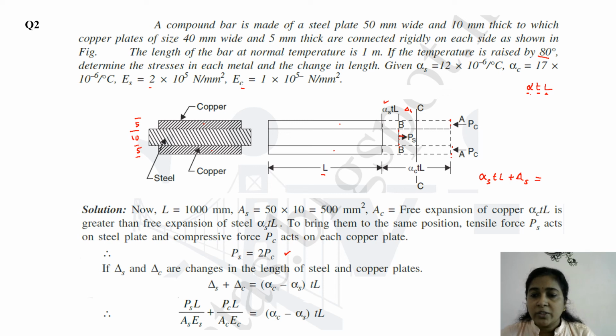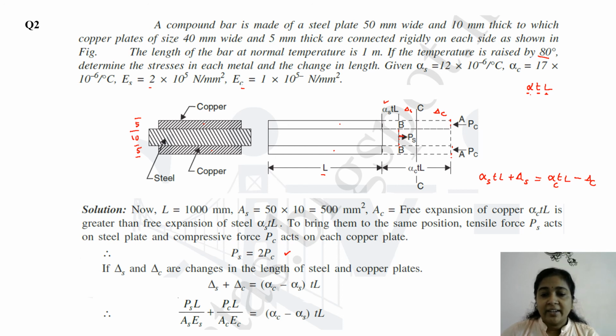The free expansion of copper is given by alpha C into TL, and it has to be decreased by an amount delta C by this compressive force Pc to reach the final position CC, that is, minus delta C. From this we can write delta S plus delta C is equal to alpha C minus alpha S into TL.